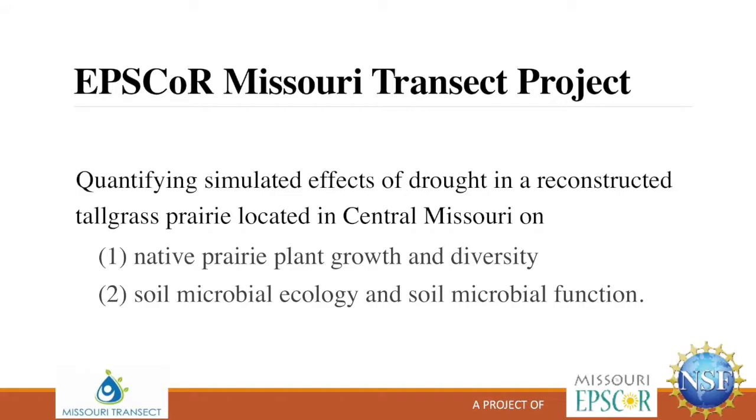That's why we need our EPSCoR project, which is to quantify simulated average and extreme drought in a reconstructed tallgrass prairie located in central Missouri, looking at native prairie plant growth and diversity, as well as soil microbial ecology and soil microbial function.